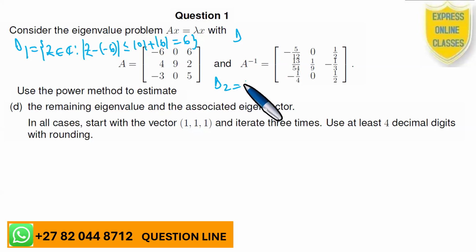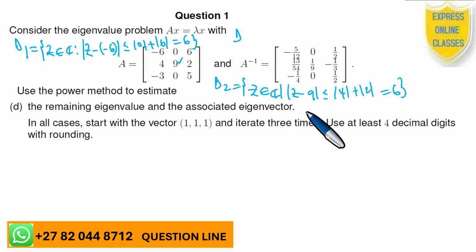The second disk contains Z in C such that Z minus 9, because 9 is this one, is less or equal to the off-diagonal entries in the same row, modulus of 4 plus modulus of 2, and this is 6. Disk 3 is Z minus 5, which is less or equal to the modulus of minus 3 plus the modulus of 0, which is 3.